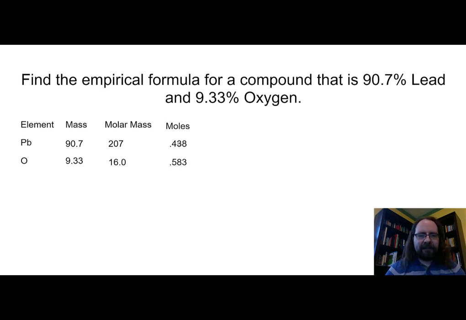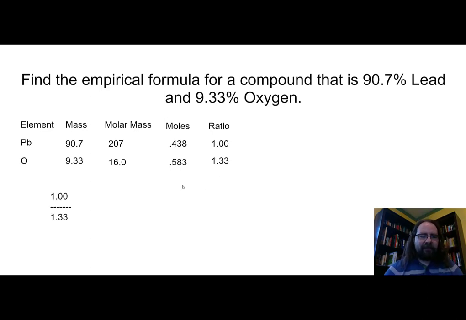Now you should definitely see here that also the smallest number is here, and that this is not a whole number multiple of that. In fact, when I divide both numbers by 0.438, I'm going to get 1.00 and 1.33. So now again, because the tenths place here is not 0, I have a sneaking suspicion that's not rounding error, that's what the ratio is.